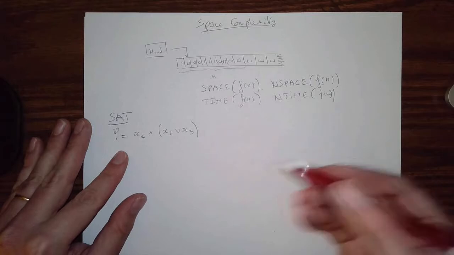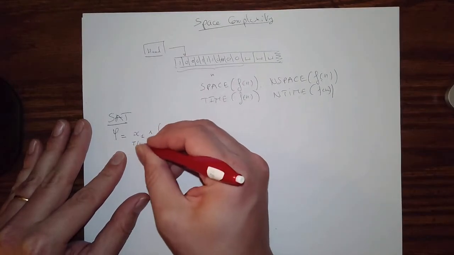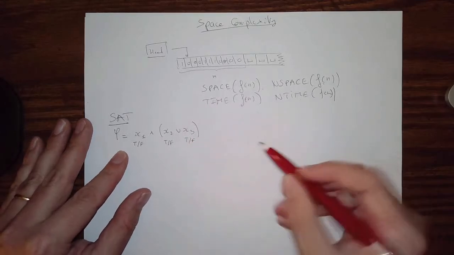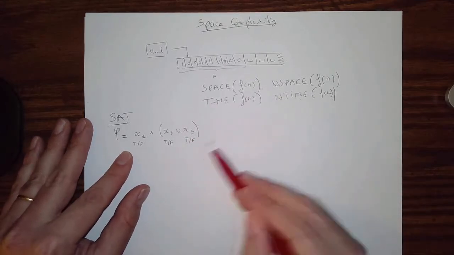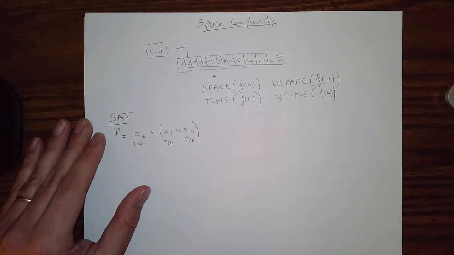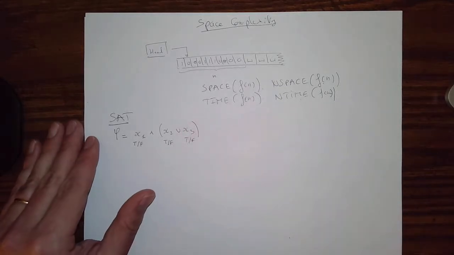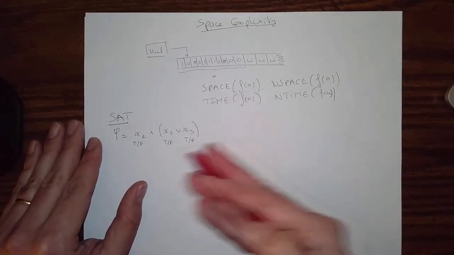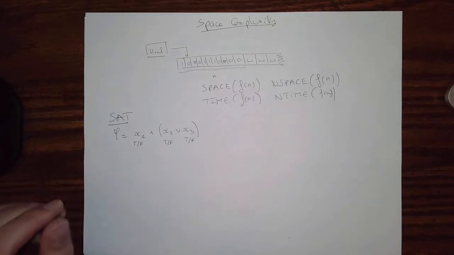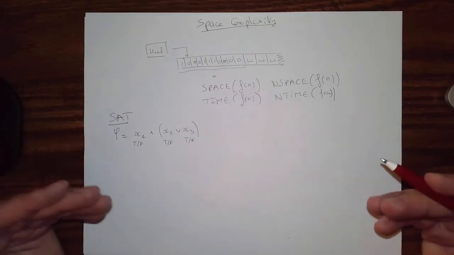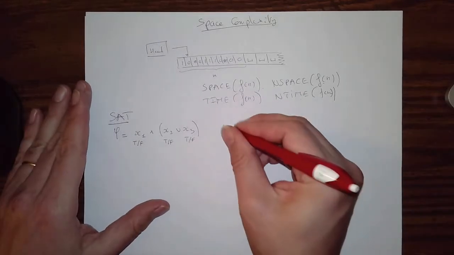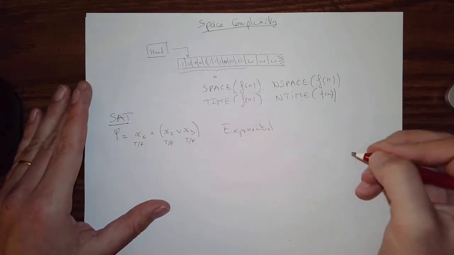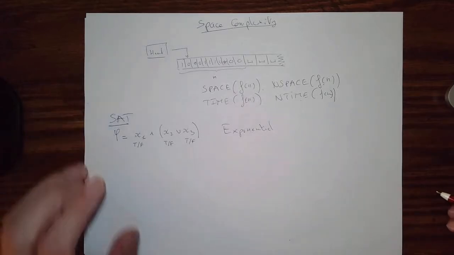If you really want to find a solution, ultimately you're going to have to try all the values, true or false, which is going to be 2 to the power of 3, so 8 options for this specific formula. And of course, if you have 20 variables, it's going to explode. So it's exponential in the way it's designed. You can't really avoid a brute force search to find a solution.